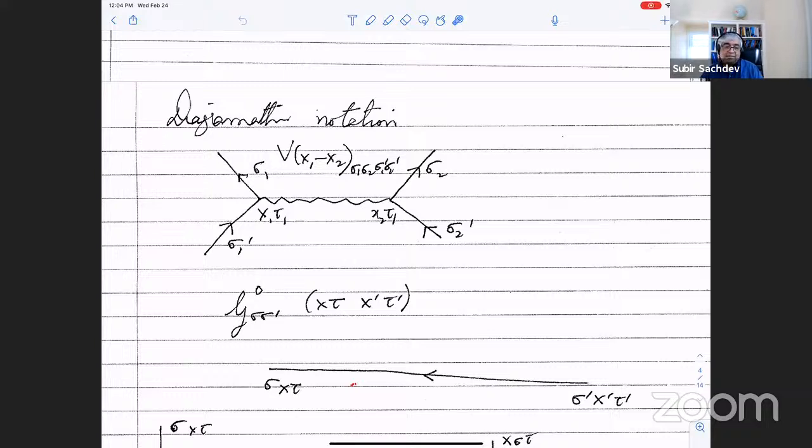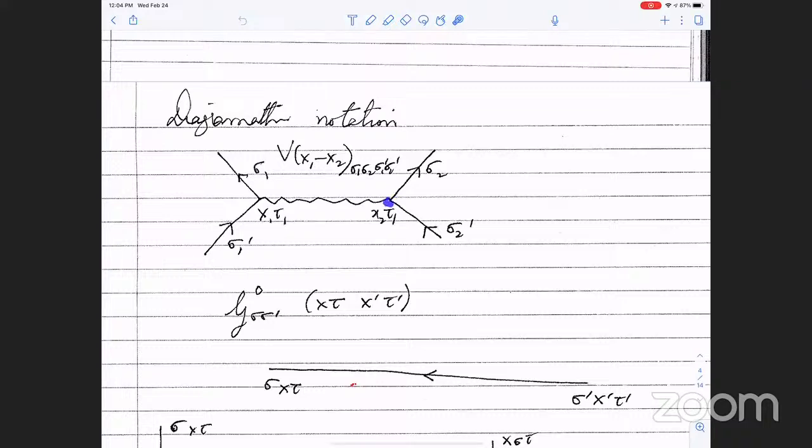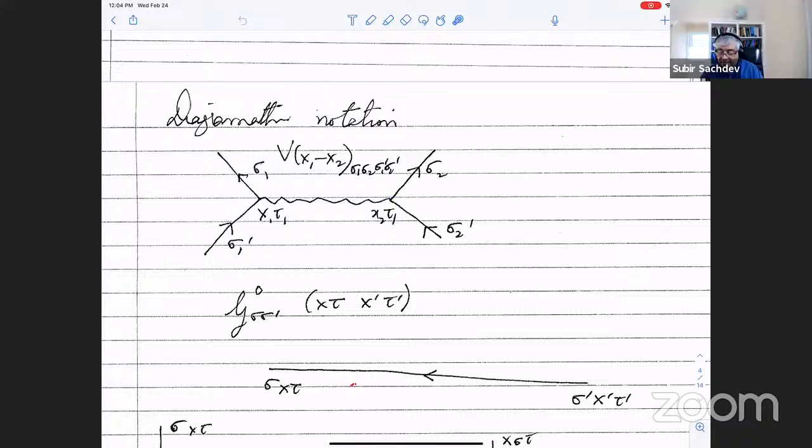And then we represent the field operators by arrows. An arrow going in is a particle being annihilated, and an arrow going out is a particle being created. So at this point in space-time, a particle is annihilated and created while it interacts with some other particle at this other point in space-time, which is annihilated and created.